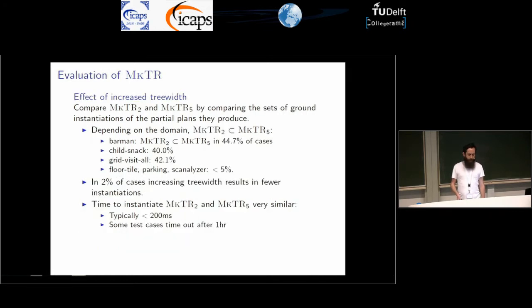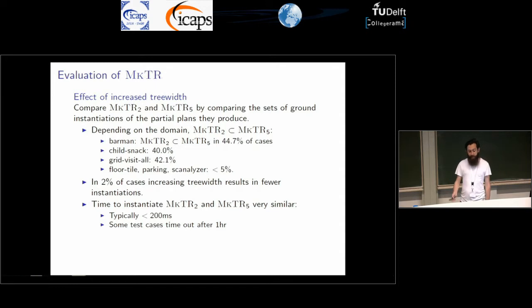MKTR 2 and 5 represent the results of using a tree width of 2 or 5. In general, increasing the tree width results in a more flexible partial plan, and I think it did the best in the child snack and grid visit all again. But strangely enough, in about 2% of cases, increasing the tree width actually sent the algorithm into a dead end, and it results in a less flexible plan than if you'd given it a lower tree width.